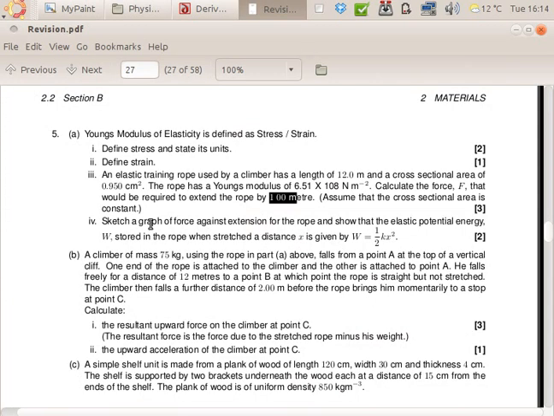Sketch a graph of force against extension and show that the elastic potential stored in the rope when stretched a distance x is given by a half k x squared.